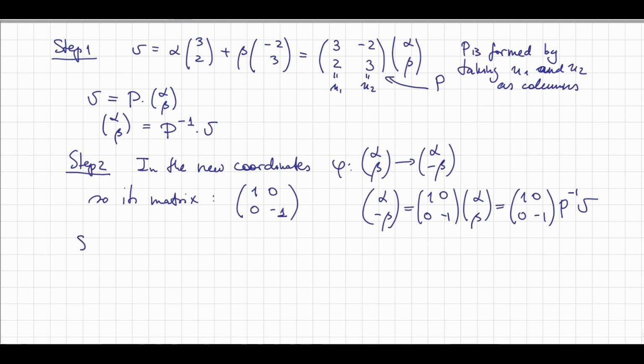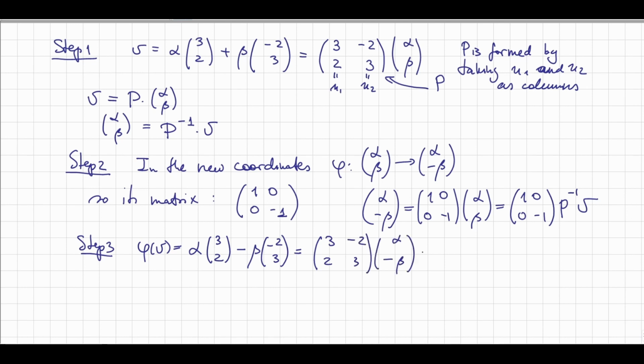Okay, on to step 3. We can now write our reflection phi of V as alpha times 3, 2 minus beta times minus 2, 3. That we know by linearity. Again, using the same trick as in step 1, we can rewrite this as a matrix equation. We have the same matrix P, 3, 2 minus 2, 3, which we now multiply by alpha minus beta.